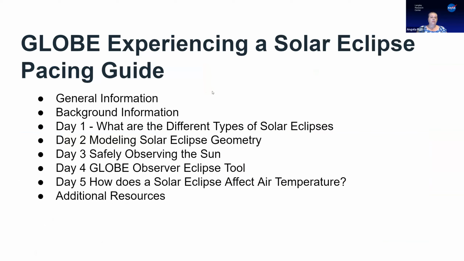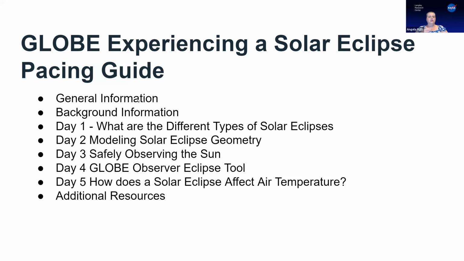So we did come up with a GLOBE one-week pacing guide for experiencing a solar eclipse. We will be producing another one for learning about a solar eclipse from My NASA Data. But since they can experience them this year, we came up with it. I assume most of you are familiar with the GLOBE pacing guides, but they all have the same format. There's general information and background information.